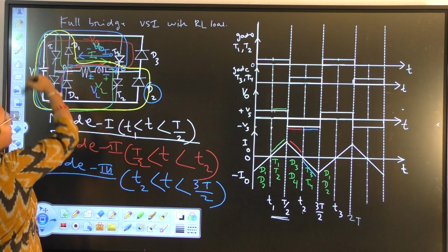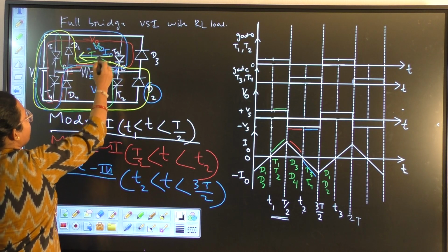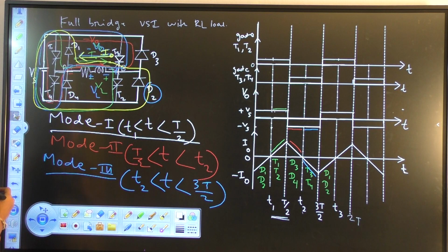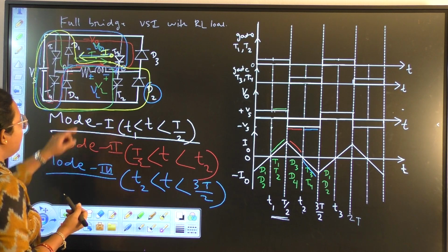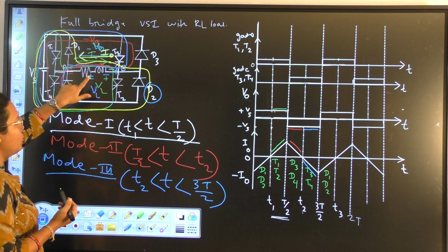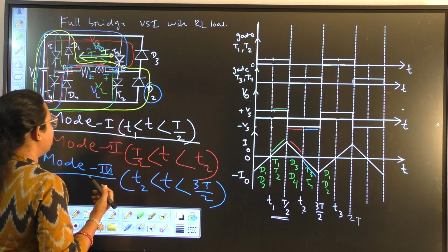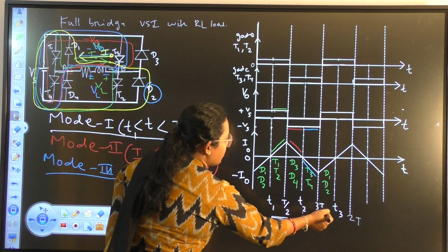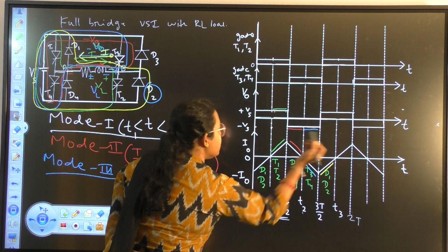The current direction is again from B to A, that is I0 is from B to A, but this current is decaying to 0 because the inductor is now discharging the stored energy.